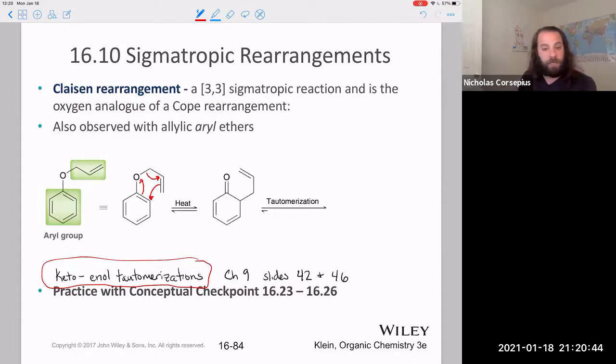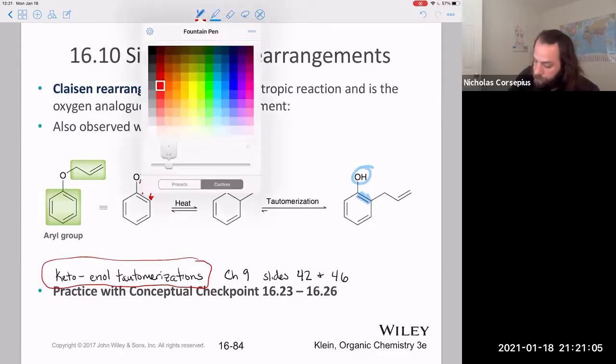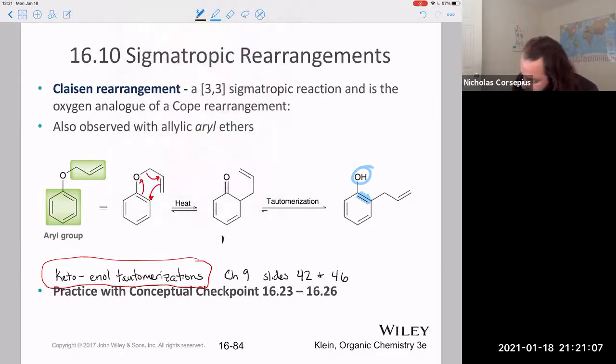The bottom line is ketones can rearrange into enols. Enols can rearrange into ketones. Usually this equilibrium actually favors the ketone. That's what we've seen before. However, in this particular case, this tautomerization will favor the enol, right? And an enol is when you have a double bond directly next to an alcohol group. So this is my ketone. This is my enol.